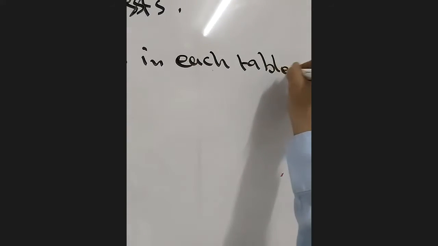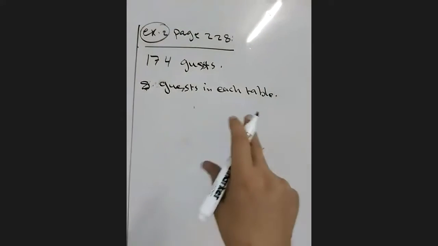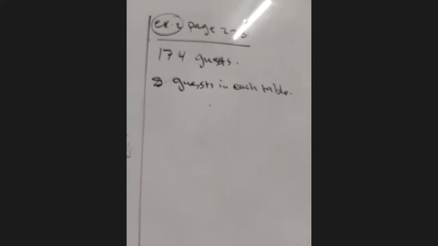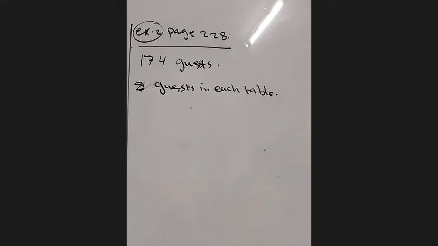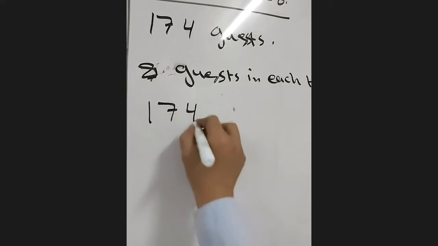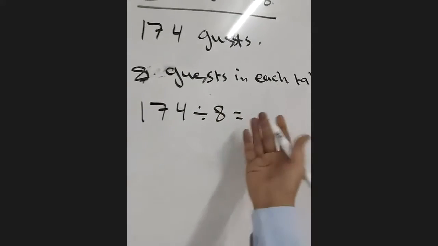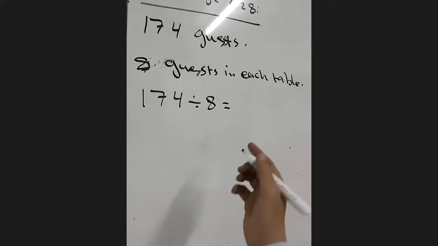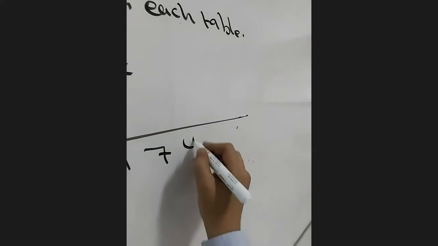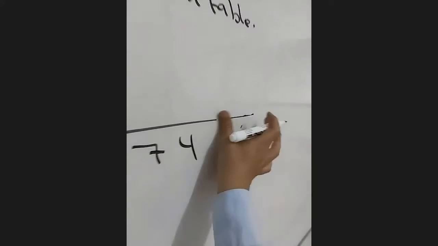Now the question wants us to know how many tables we need. What will we do? Divide 174 by 8 to know how many tables we need. So we will make the division, 174 divided by 8. Now we have squares.